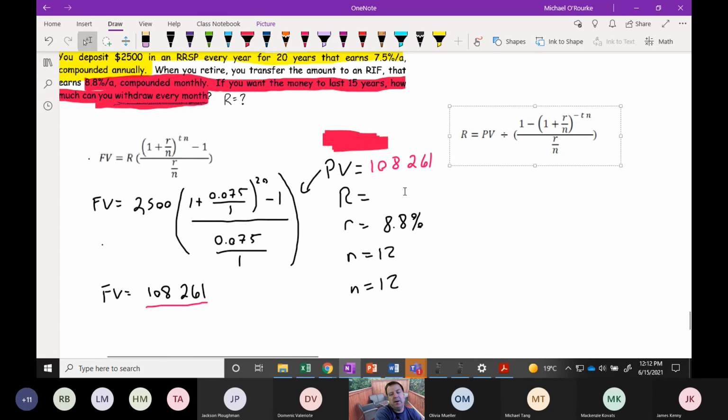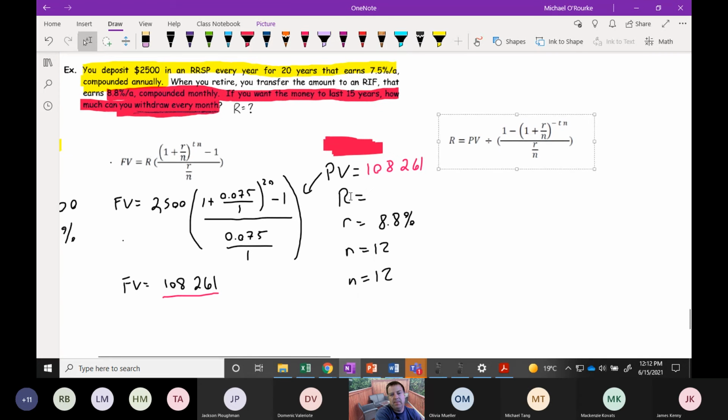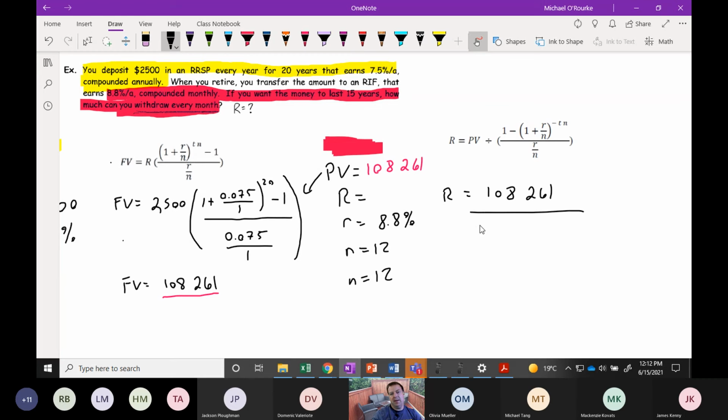And then for this one, we're trying to find our regular payment, so I'm going to use this formula. 108,261 divided by 1 minus 1 plus 0.088 divided by 12 this time. Oops, I forgot T on this.